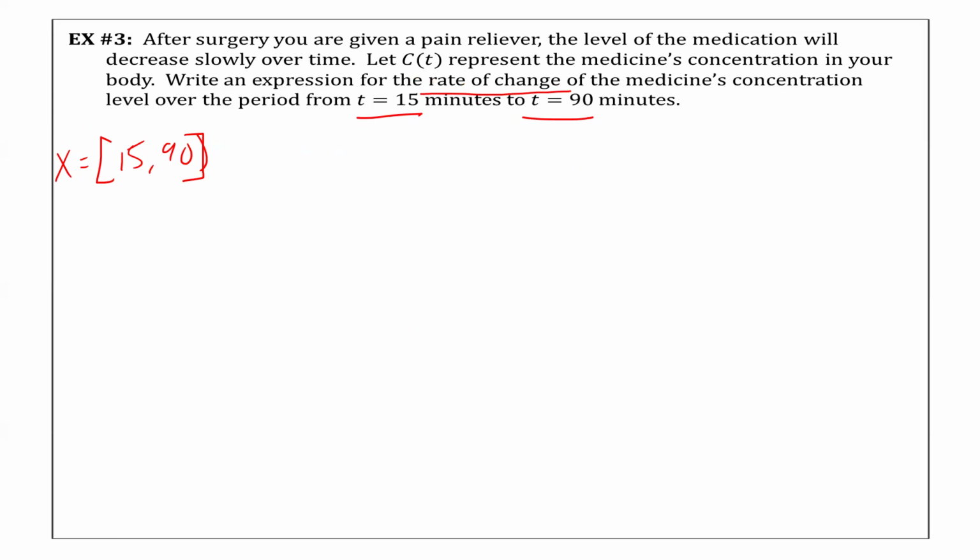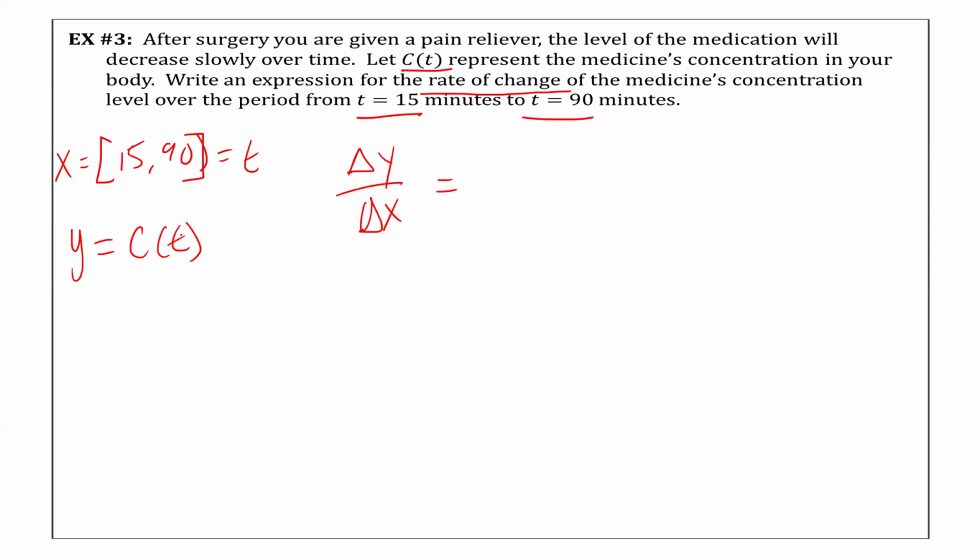For this problem, we can't calculate our actual value of our Y. So C of T is going to represent our Y's, right? Does that make sense? So our output is C of T, the concentration that's left in their body. And our X's represent our T. So when we're trying to find our change in our Y's over our change in our X's, all we can do is plug in what we know.